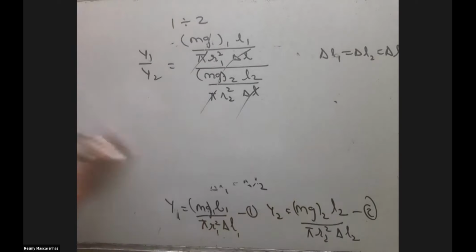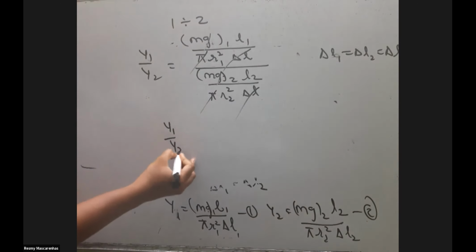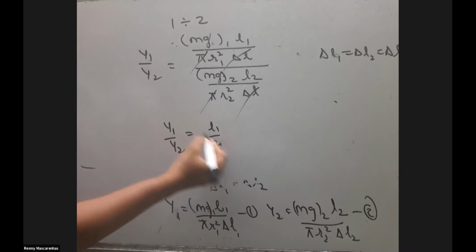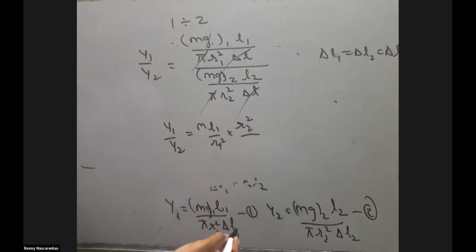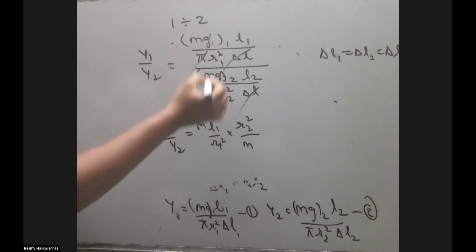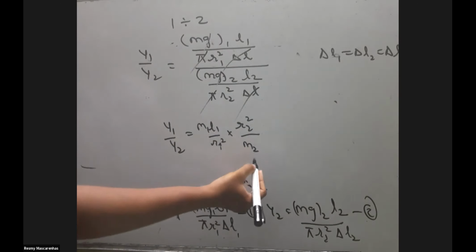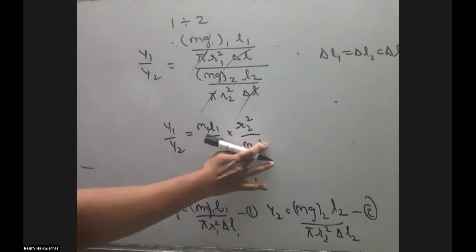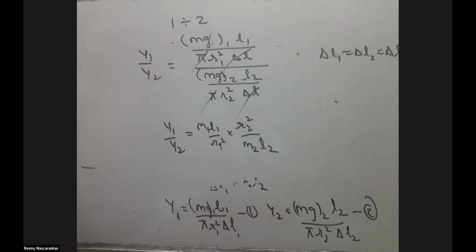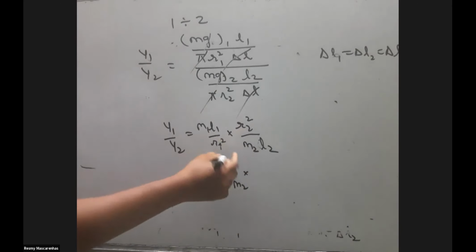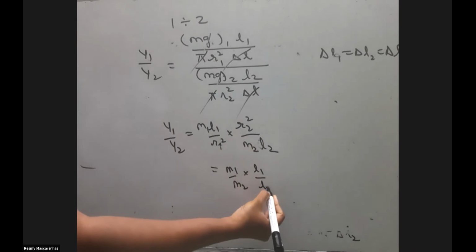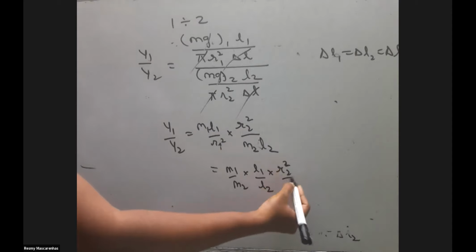So what remains is, this will reverse. Now we'll write all the terms one below the other in the correct order. I'll write m1 upon m2 first. All are multiplication. Then L1 upon L2 I'll write, and R2 square upon R1 square.